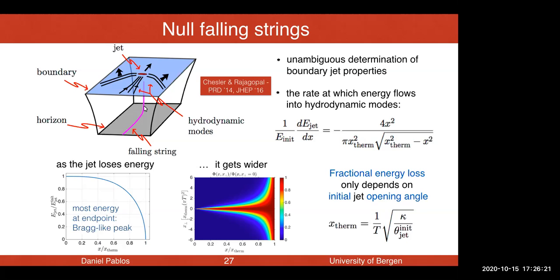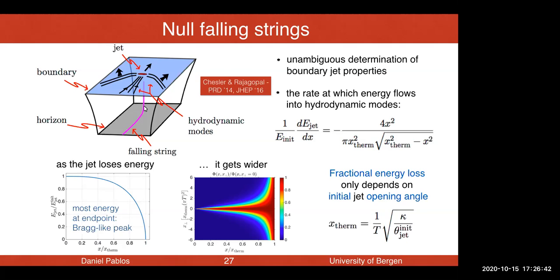That's energy loss. As the endpoint of the string gets pulled downwards, the jet at the boundary gets wider, because the deeper you are in the holographic direction, the wider you are at the boundary once you project the energy momentum tensor at the boundary.